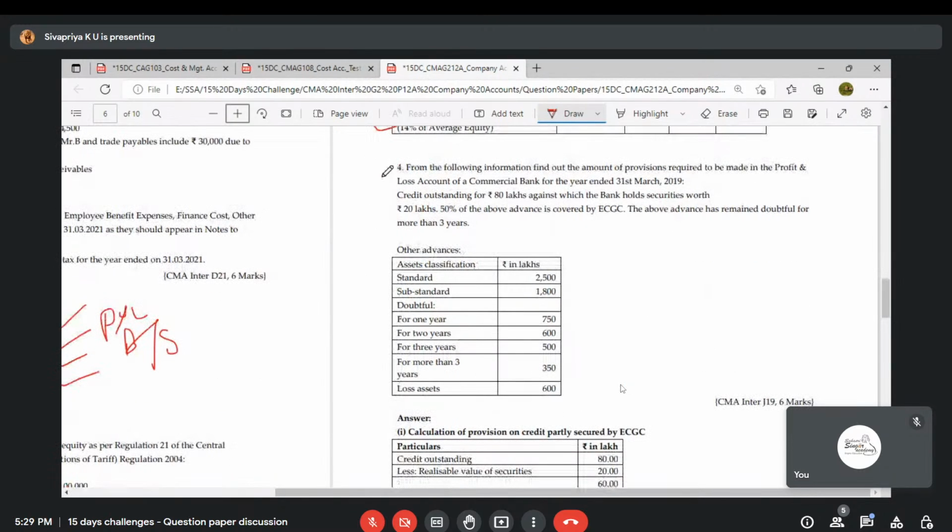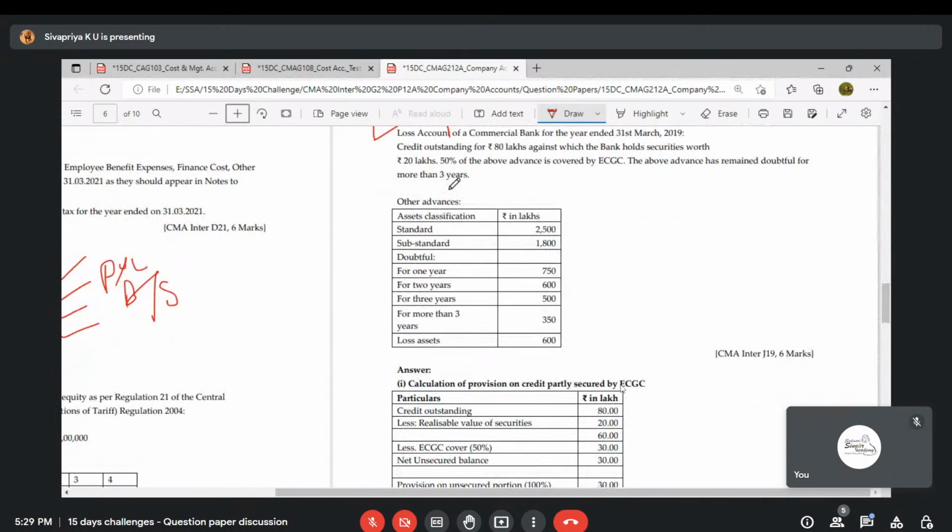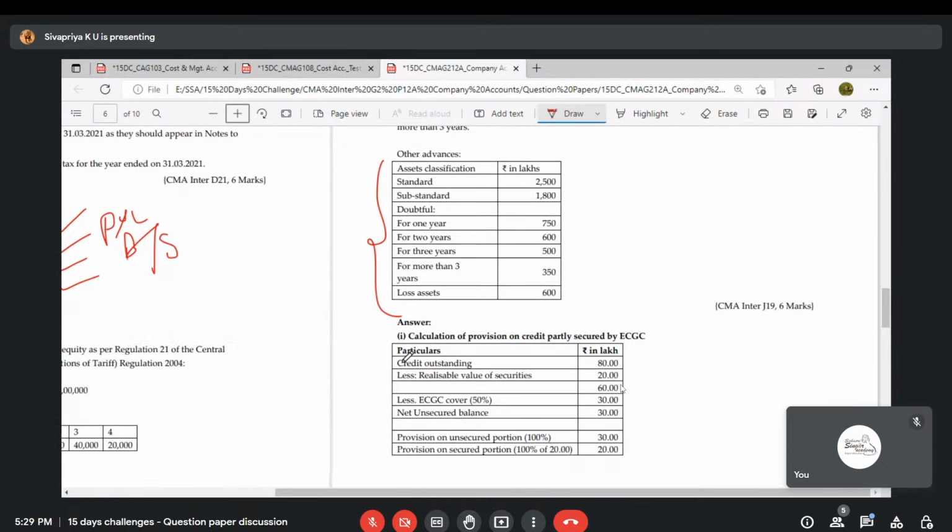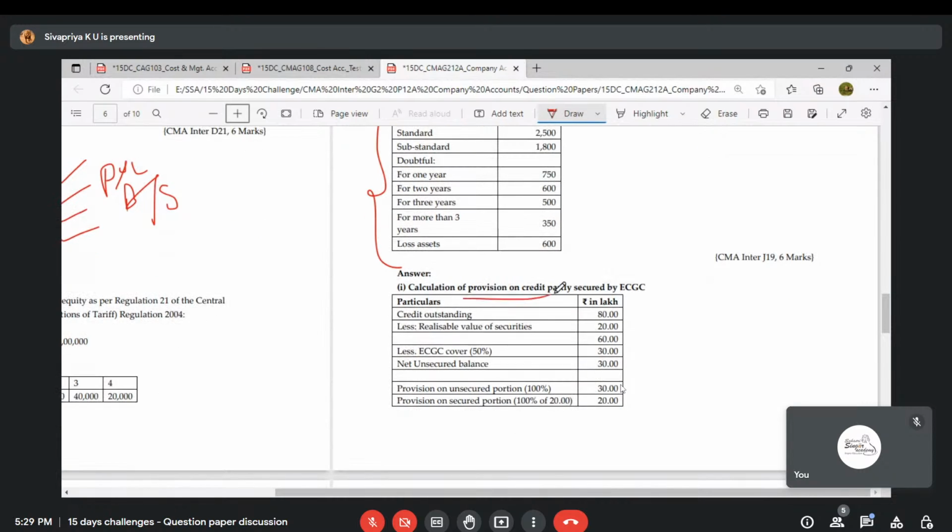Question number 4. This is with respect to a banking company. Standard assets, substandard, doubtful assets of 1 year, 2 years, more than 3 years, and loss assets have all been given. Calculate the provision for credit which is partly secured by ECGC.